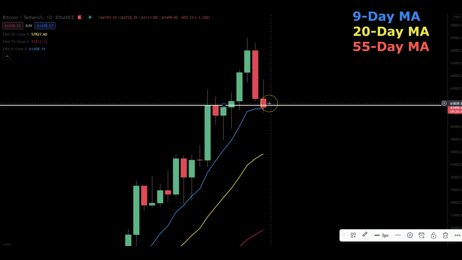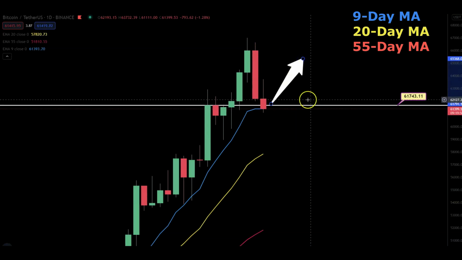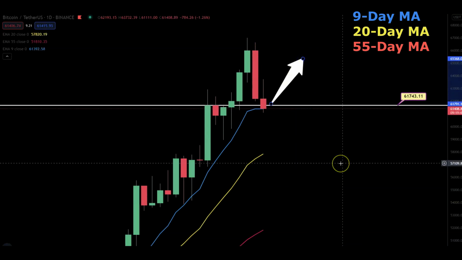but now that it's in retracement mode, it is coming back. In an ideal situation, we don't want to break below what was previously a resistance and now is a support, because it's just broken below. Now, if it had bounced right up off of this white line of support at 61,743, a perfect scenario would be that it comes down, retraces, and then does a nice bounce back up, which would have been a nice continuation of upward bullish motion.